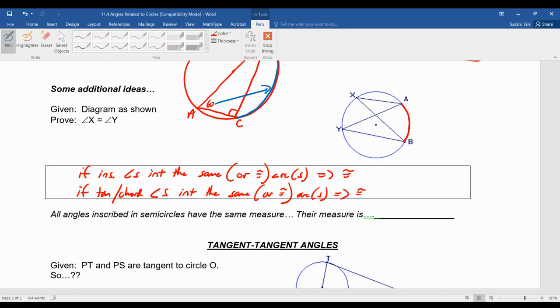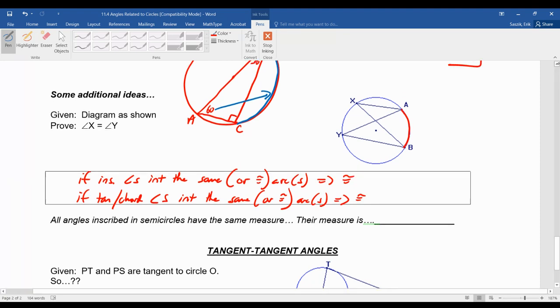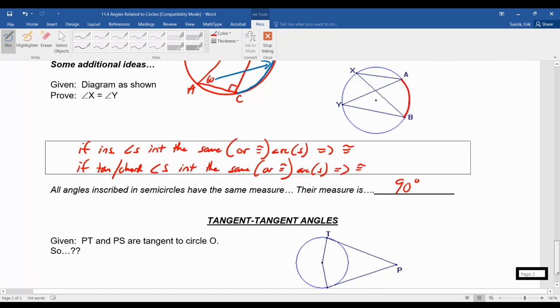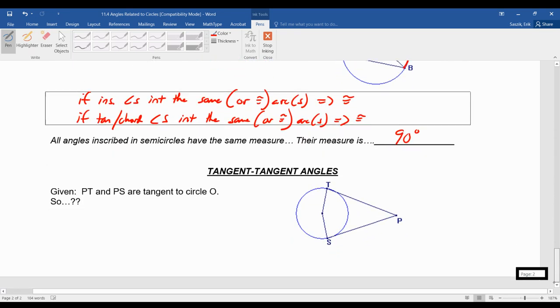This next thing, we're almost done. All angles inscribed in semicircles have the same measure. Well, that's what we talked about up here, like angle C. Angle C was a right angle, right? It intercepted the semicircle. So all angles inscribed in semicircles are 90 degrees. Nothing fascinating there. And I got one little proof to do down here. This is kind of cool.